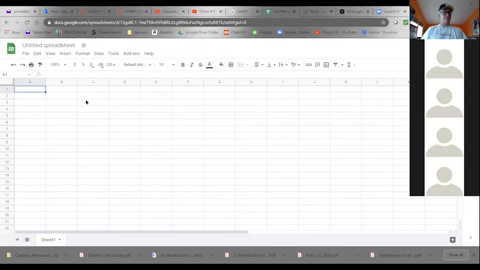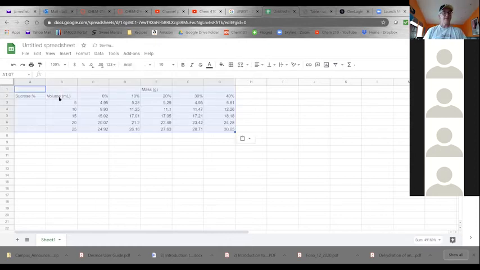So I had already done data for 0 through 40%. This is the way you should organize the data for the way you're going to plot it. It should look like this. You want your volume in one column, and then your masses in additional columns after that.